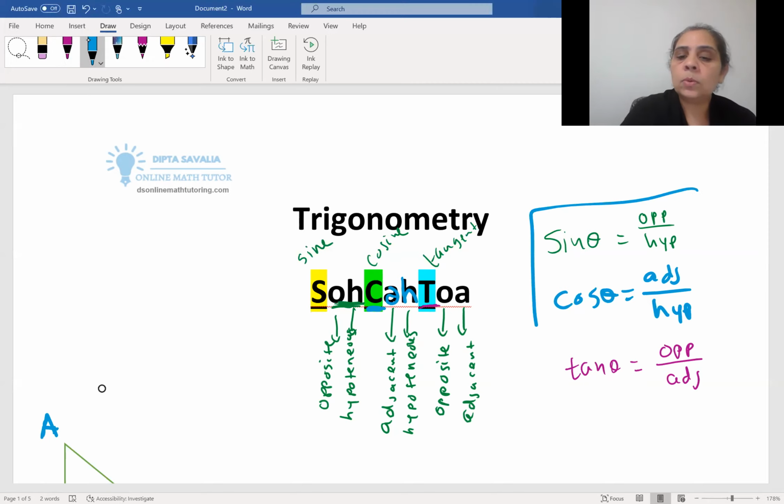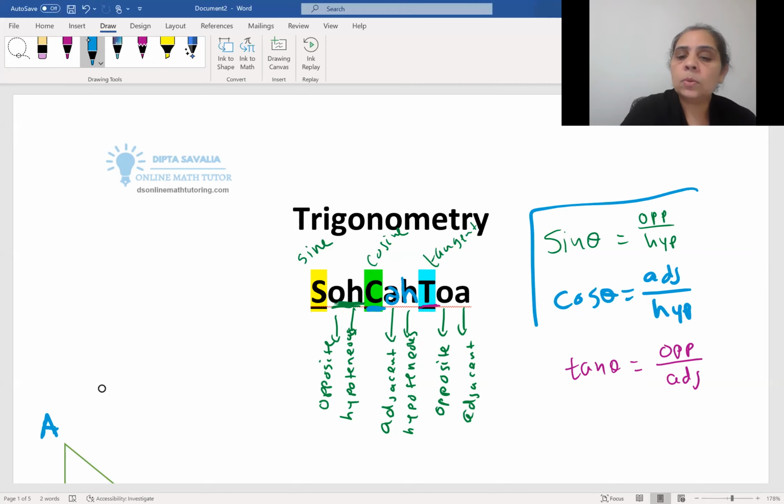Let's see how we use that in this triangle. First, do I have a right triangle? Yes. Let's say I need to find for angle B. First I need to know what is my hypotenuse, what is the adjacent side, and what is the opposite side. That is the right angle, and the side opposite that right angle is called the hypotenuse.